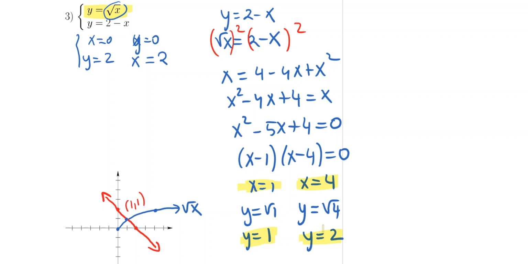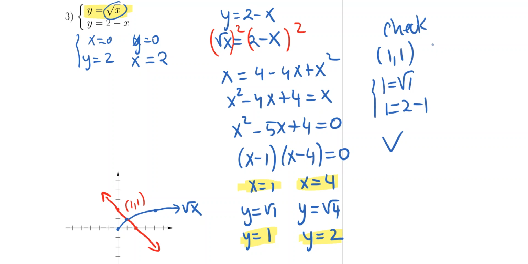And remember, when we solve radical equations and we square both sides, we might introduce extraneous solutions. So that's why we have to check our solutions this time. So check 1, 1. Is it true that 1 equals square root of 1 and that 1 equals 2 minus 1?